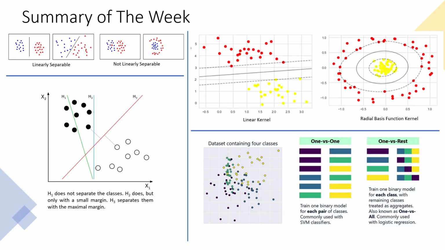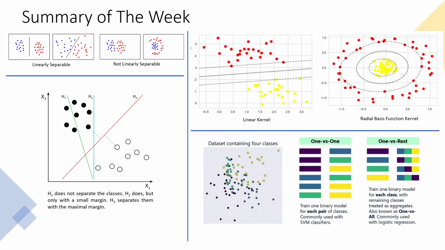And then we worked on the concept of multi-class classification. We said we can use a binary classifier for multi-class classification, as well as we can use naive classifiers. And for using a binary classifier for a multi-class problem, we have two strategies.